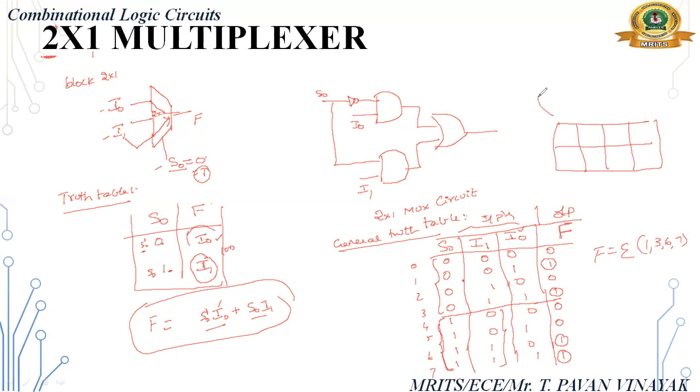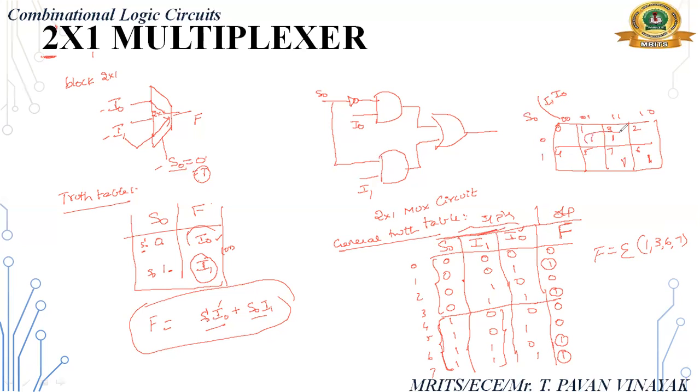K map. 0 1 3 2 4 5 6 7. Write in this order only here. So S naught, I1, I naught, 0, 1, 0, 0, 0, 1, 1, 1, 1, 0. So write ones now. 1, 3, 6, 7.